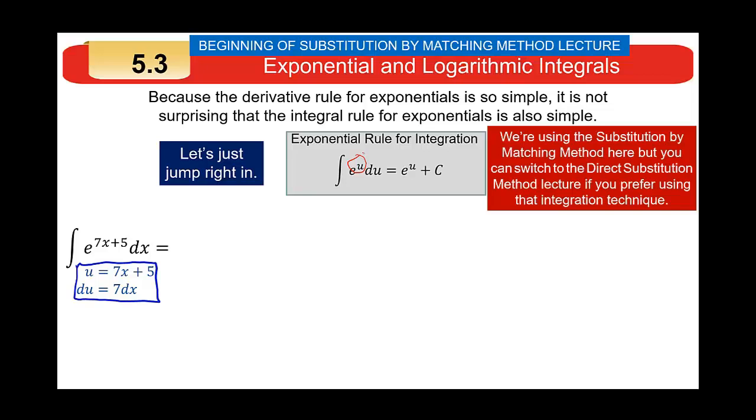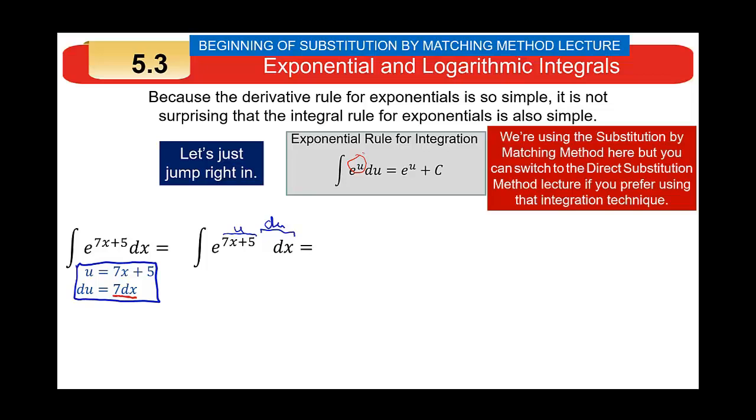Now we set up our matching. I just spread it out to give us some more space because what we want is for the differential du to be at the end. We already know that u is 7x plus 5. The differential du has to be at the end, and if you notice, we already have the dx there, but we don't have 7 dx.